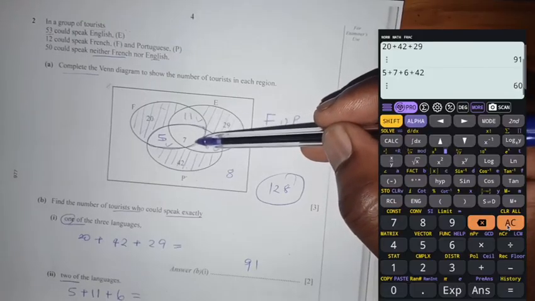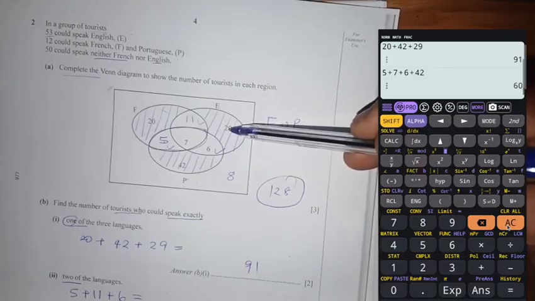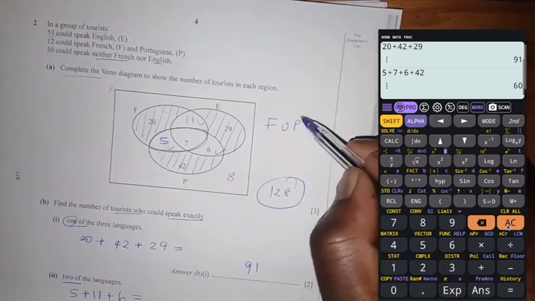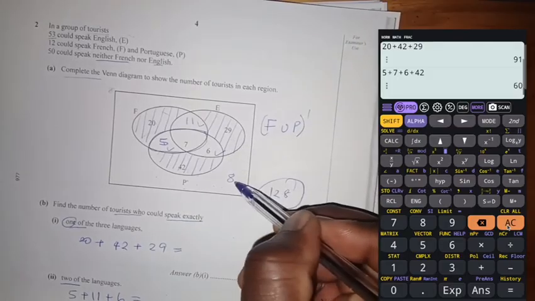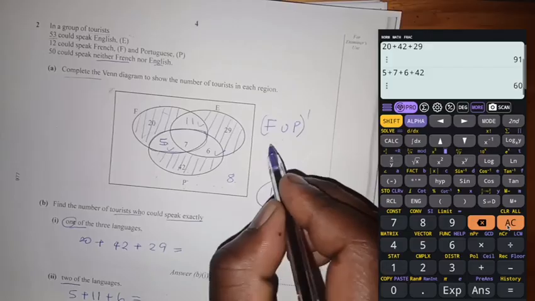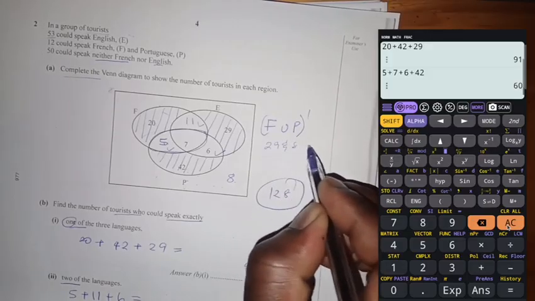So basically it's this whole part here excluding the 29. Now it says outside there is that complement there. So it's either the 29 or the 8 there. So this one is 29 and 8.